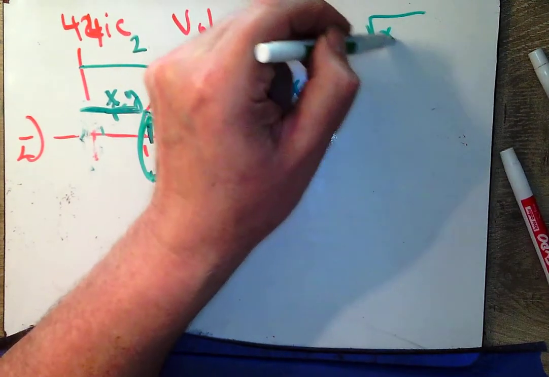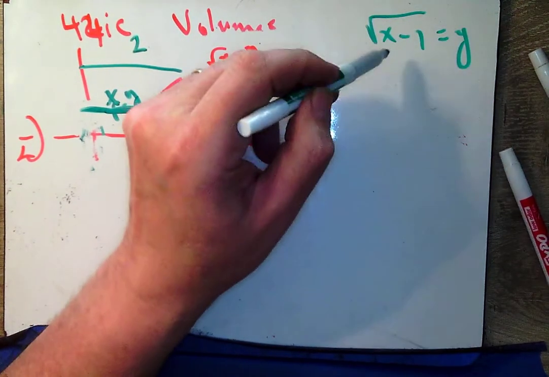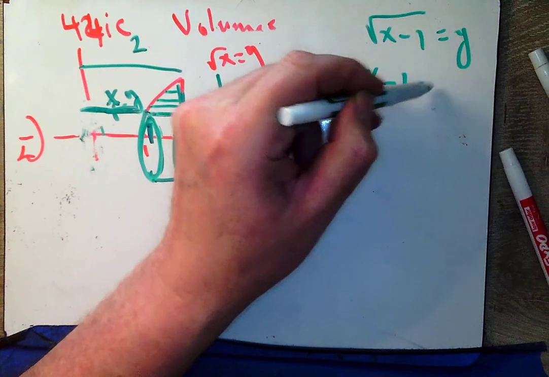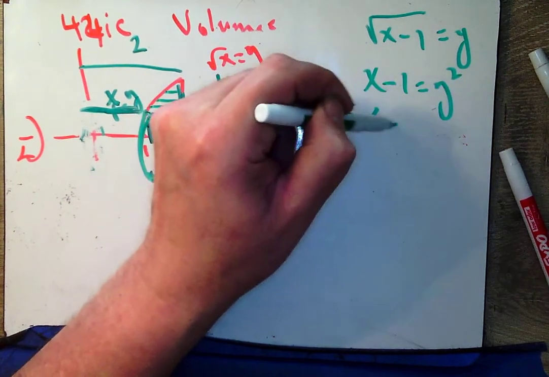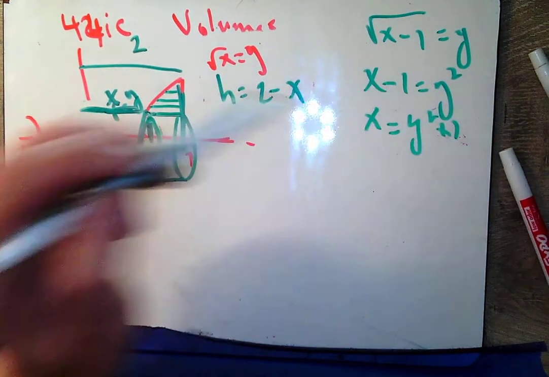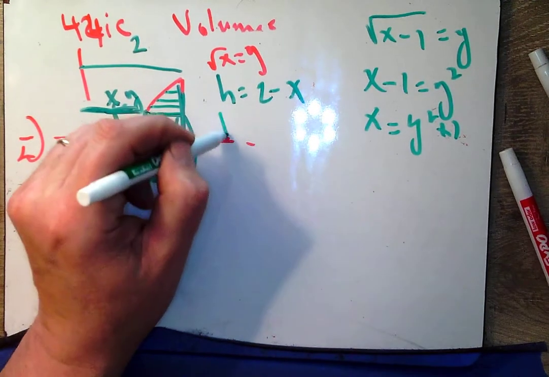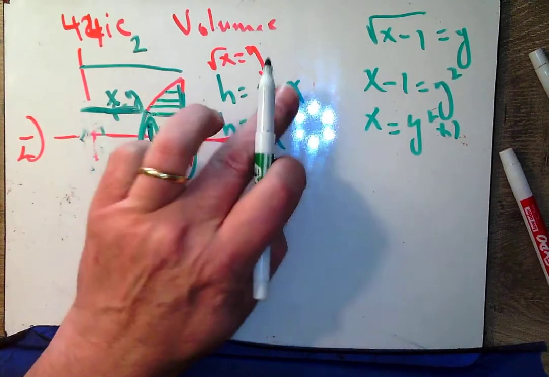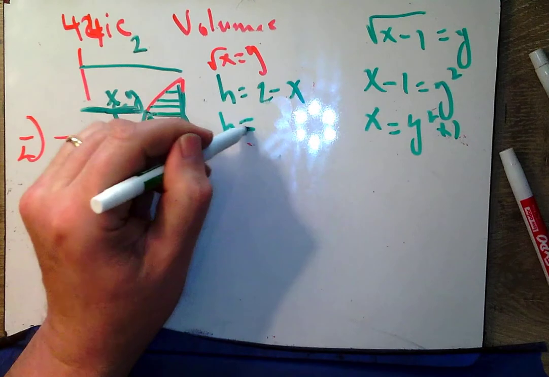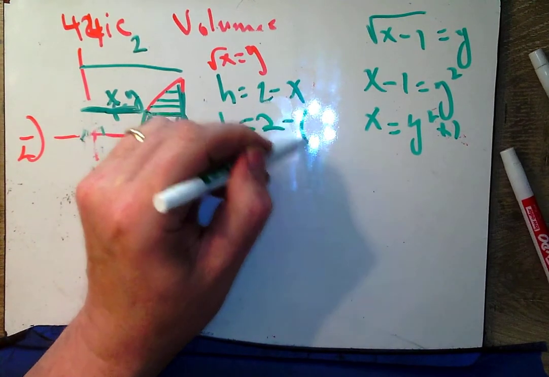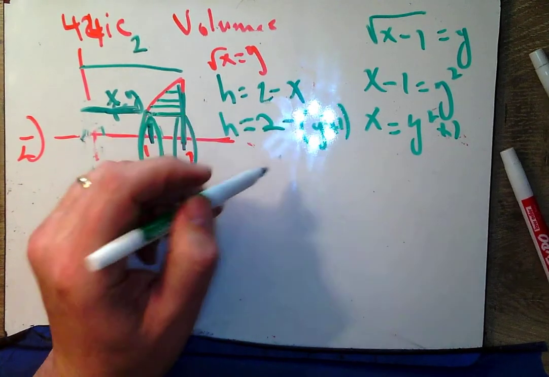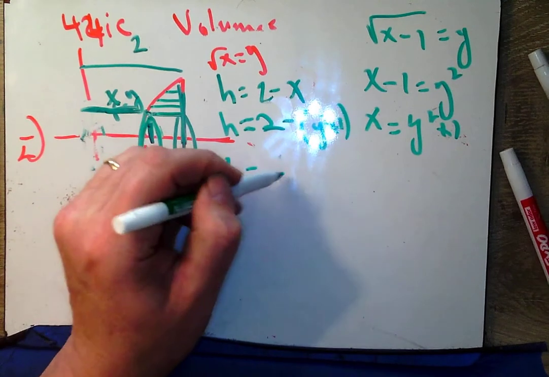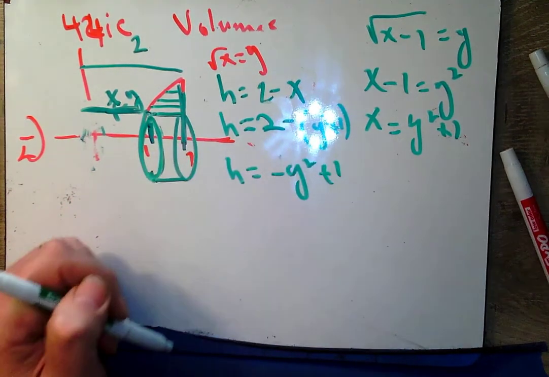So our function, x minus 1 equals y, I get x minus 1 equals y squared, and so x equals y squared plus 1. So my height is 2 minus y squared plus 1, or h is 1 minus y squared.